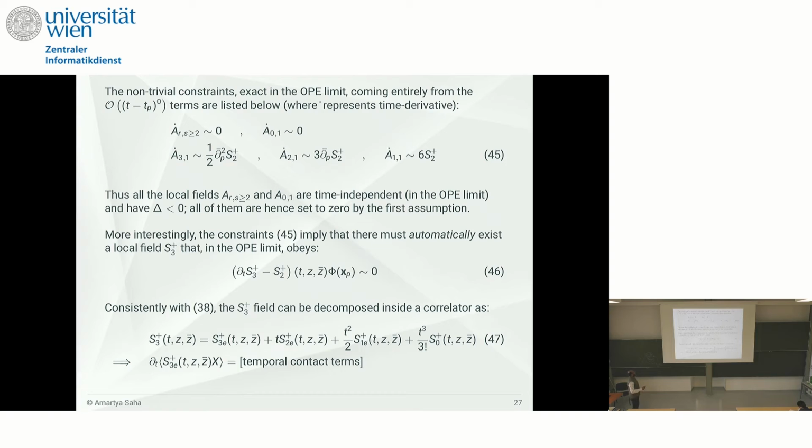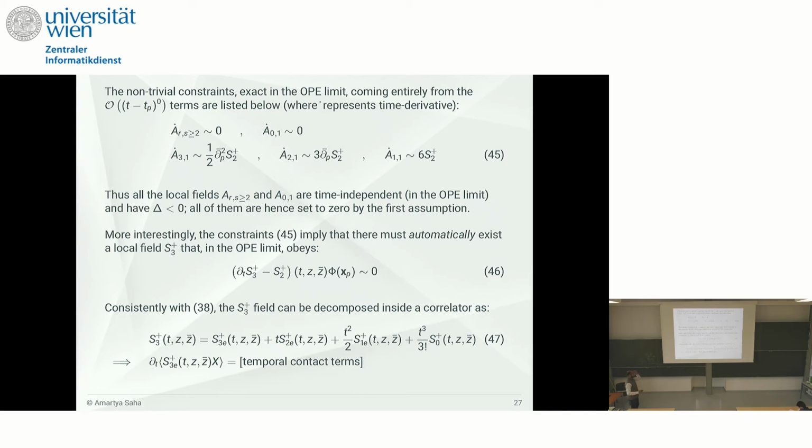So these are listed in 45, and we see that all the local fields with s greater than or equal to 2 here and a01 are time independent, and moreover they have delta less than 0. So they are set to 0 by the first assumption. Now the more interesting constraint is coming from the second line. Look, I have found a local field.